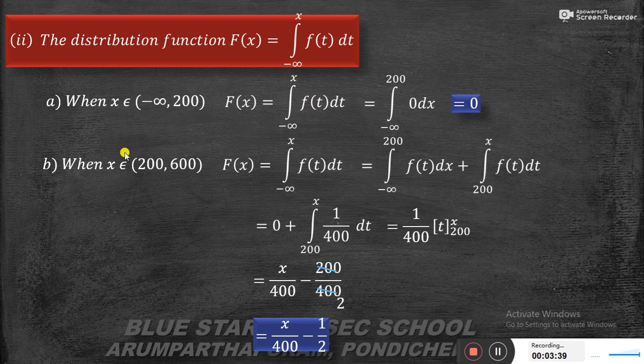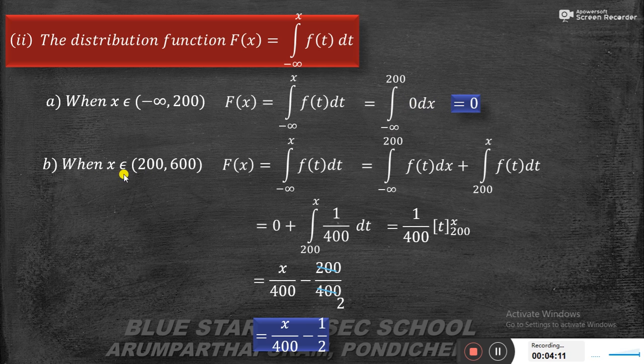The function is 0 here, because the given function f of x equals k only when x is between 200 and 600; otherwise f of x equals 0. Minus infinity to 200 is the other limit, so the function is 0. So 0 into dt, and the integral of 0 is 0.